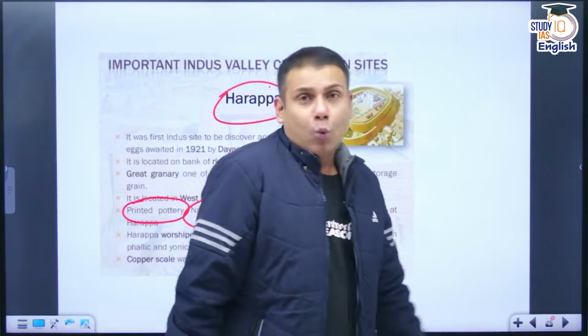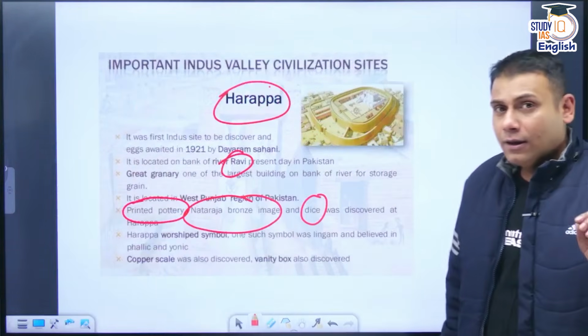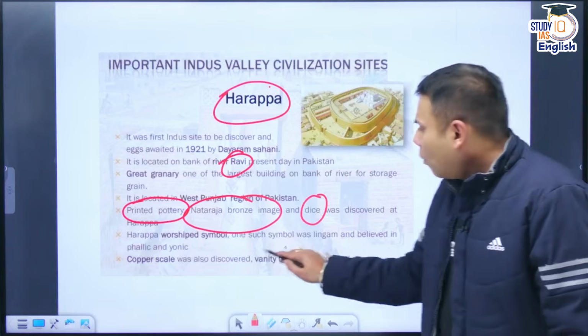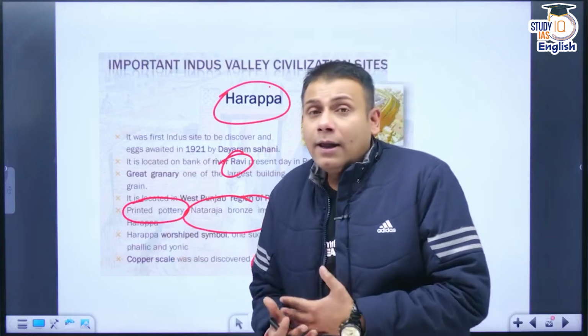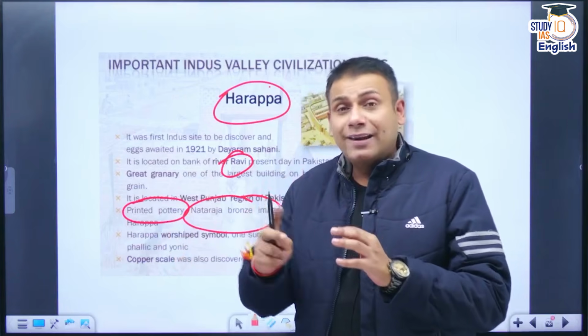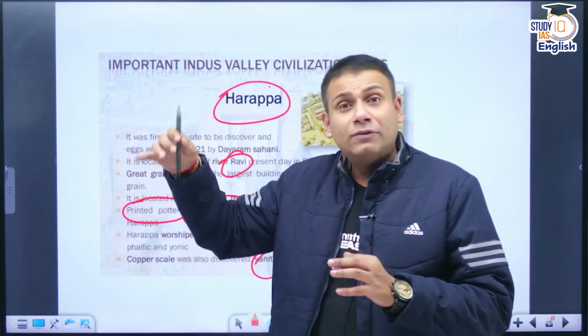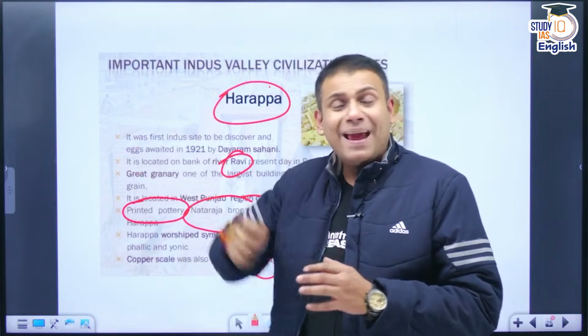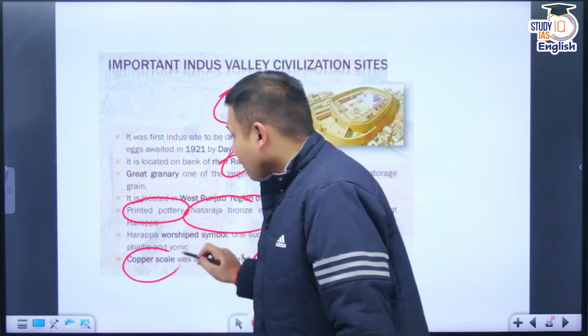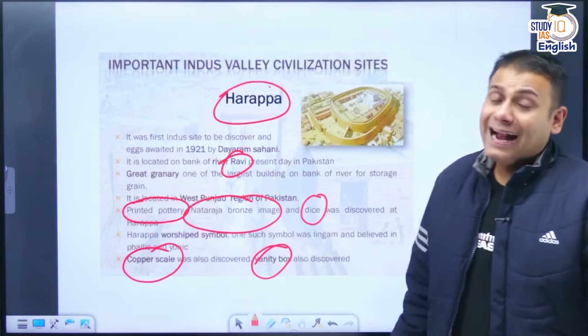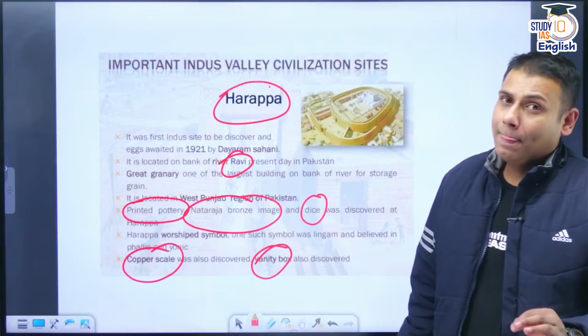Apart from that, we have observed here a vanity box. Vanity box is similar to a makeup box. It is believed that it might be used for keeping the brushes or the handles of the brushes majorly used for the paintings. Apart from that, we have observed a copper scale at the site of Harappa.